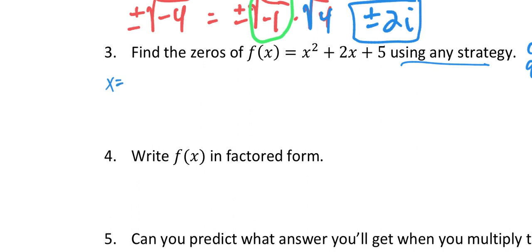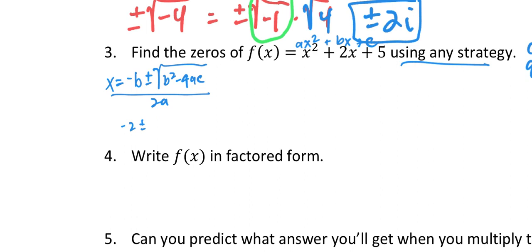So if you complete the square, you would get the same answer as this. With ax squared plus bx plus c, my b value is 2. So when it says negative b, I'm going to have negative 2 plus or minus root 2 squared minus 4 times 1 times c, which is 5, all over 2.